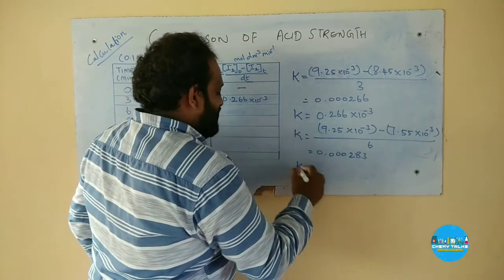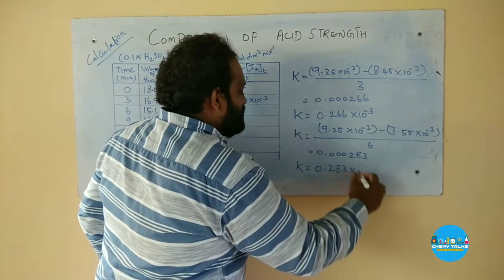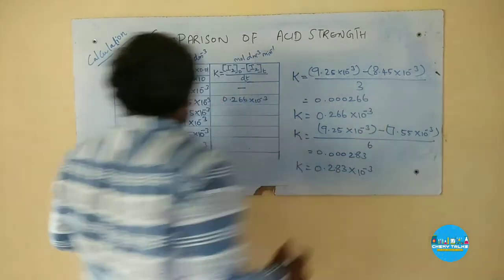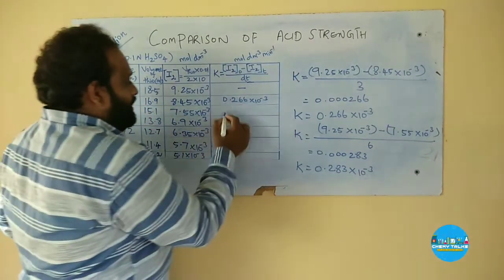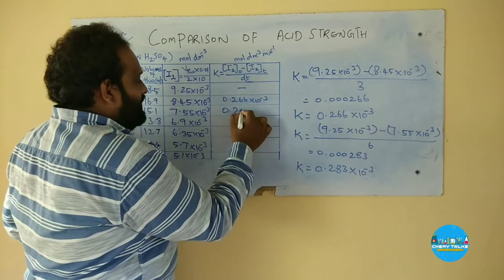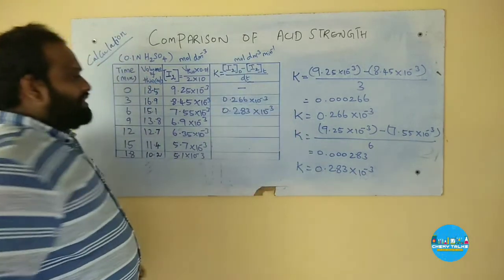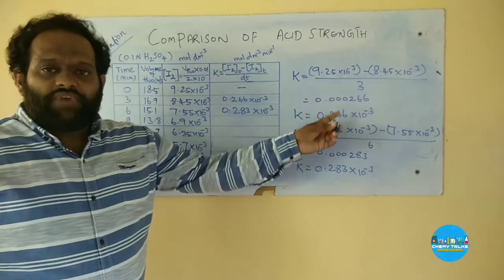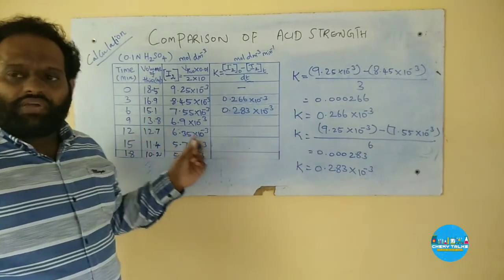We can simplify this value into 0.283 into 10 power minus 3. So after 6 minutes of time, 0.283 into 10 power minus 3 is the rate constant. Using this formula, we can calculate the rate constant at every interval.